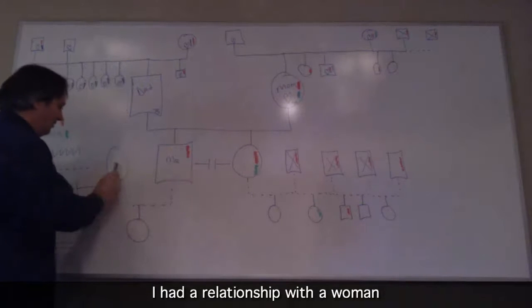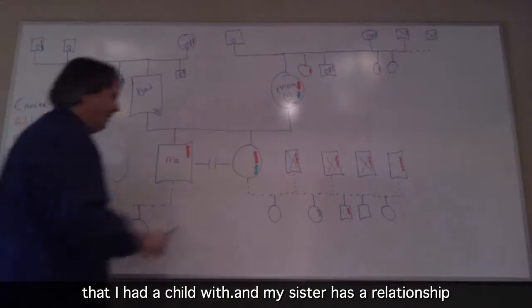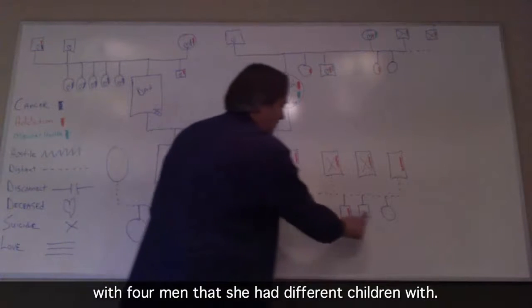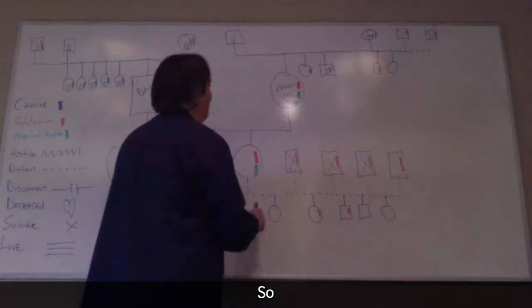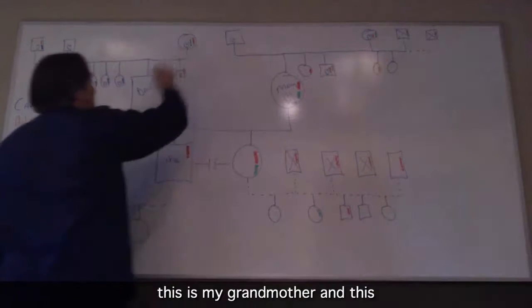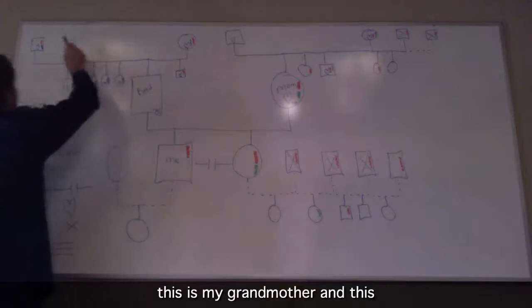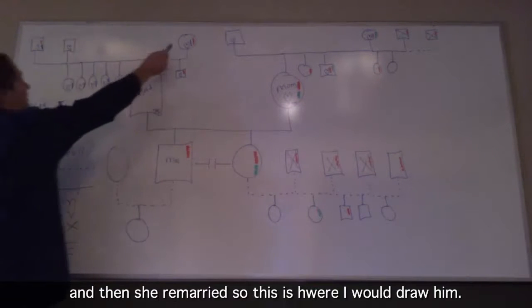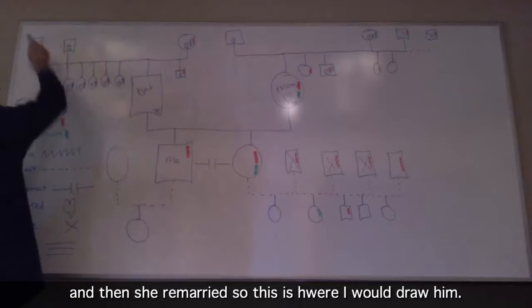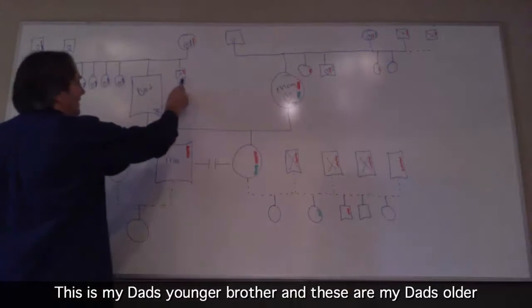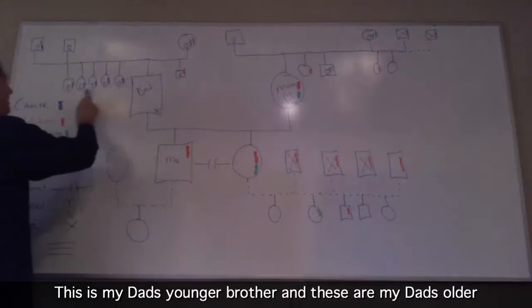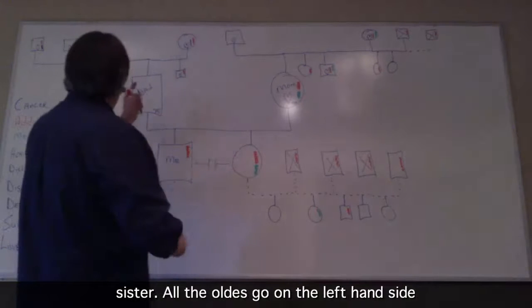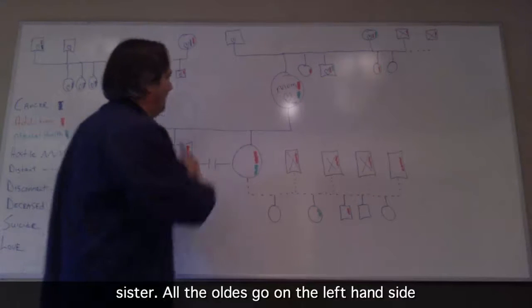I had a relationship with a woman that I had a child with, and my sister had relationships with four men that she had different children with. This is my grandmother, and this is my grandfather, who is deceased, and then she remarried, so this is where I would draw him. This is my dad's younger brother, and these are my dad's older sisters. I'm the oldest over my sister, so all the oldest go on the left-hand side, and you progress down to the right.